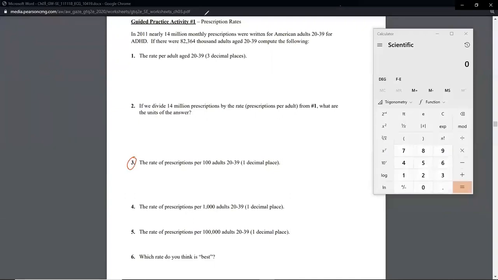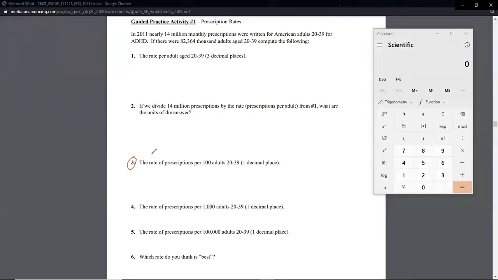There we go. In 2011, nearly 14 million monthly prescriptions were written for American adults aged 20 through 39 for ADHD, and there were 82,364,000 adults in that age range, which we also determined. All right, I'm going to rehide that and then just use my little piece of paper. Okay, so the rate of prescriptions, which was the 14 million.